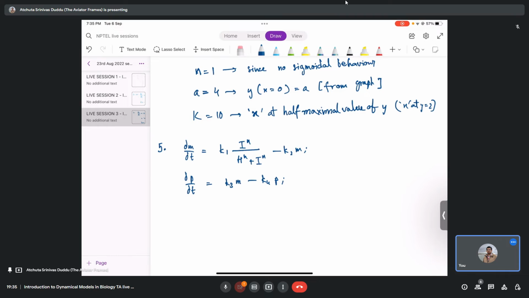So now they've asked us to write the steady state concentration of the protein P as a function of I.